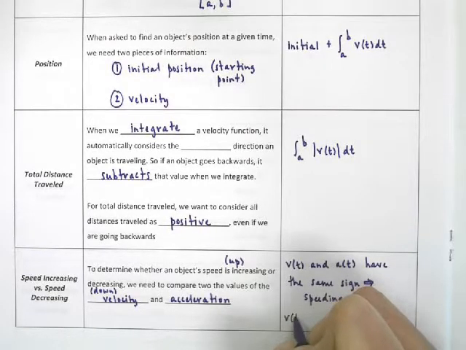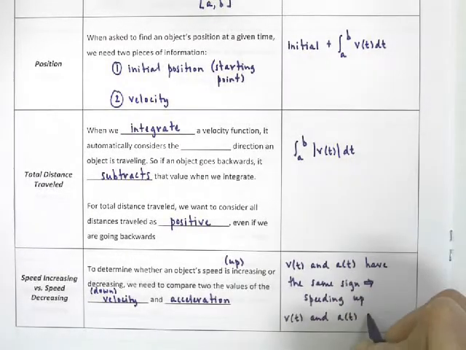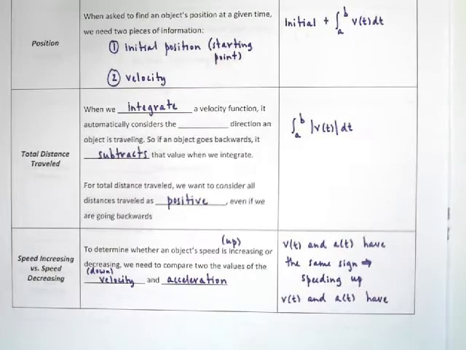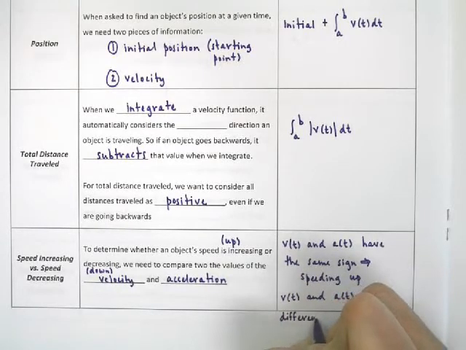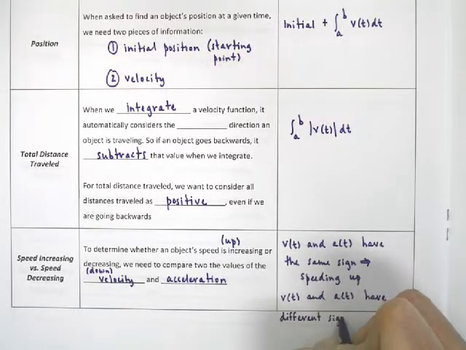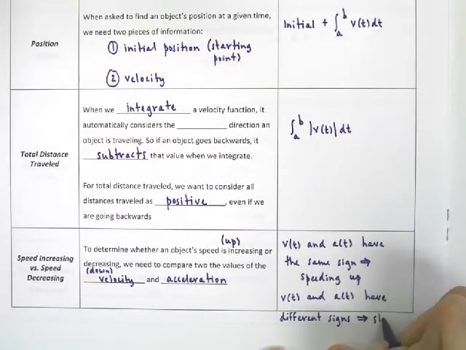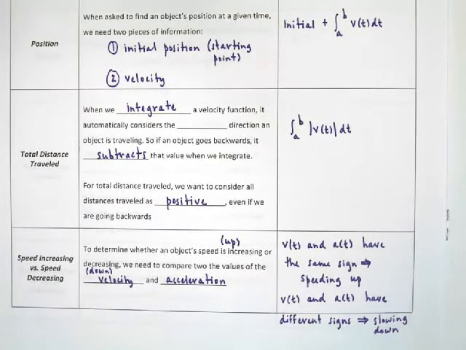And on the other hand, if v of t and a of t have different signs, then I know I'm slowing down. And again, you guys have worked with this before. It showed up in Albert.io, so that is not a new idea.